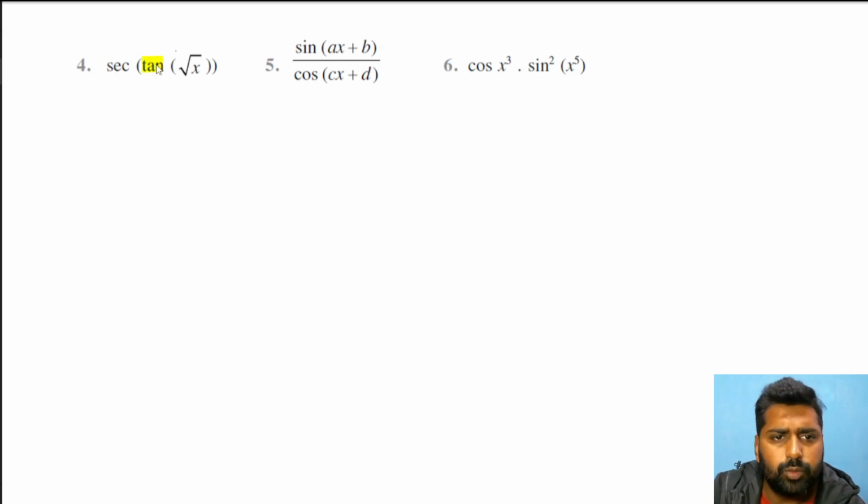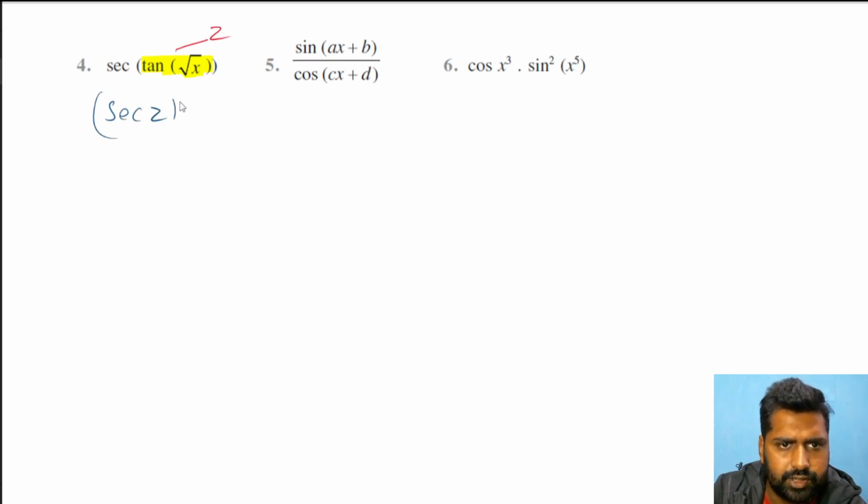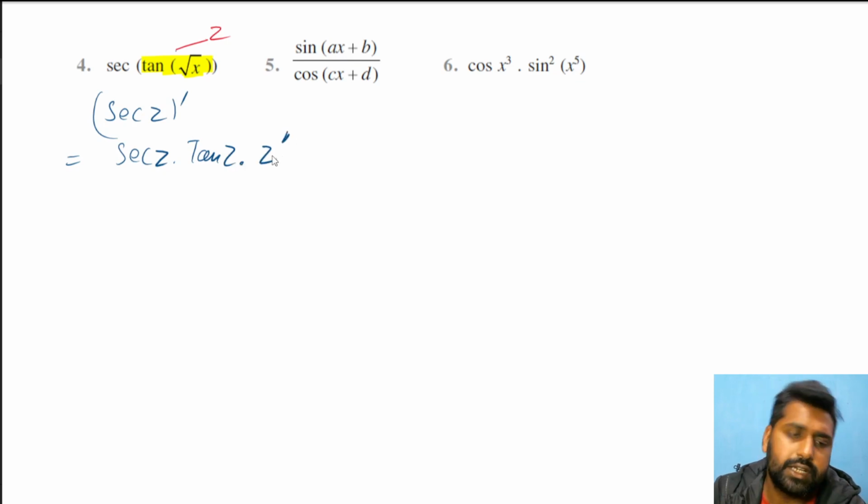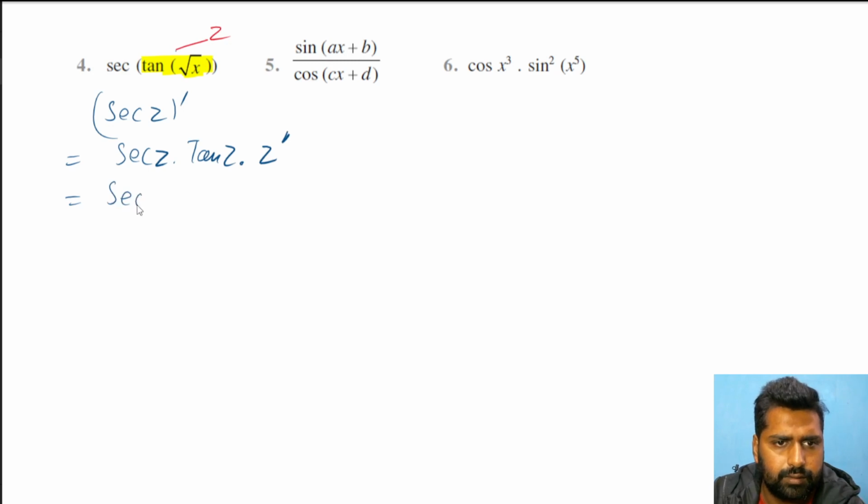Leave the first function, whatever is present inside, consider that to be your z, and start differentiation. Sec z differentiation. What is differentiation of sec z? It is sec z tan z into z dash additional. Okay. So sec z, replace z now. That was tan bracket root x.